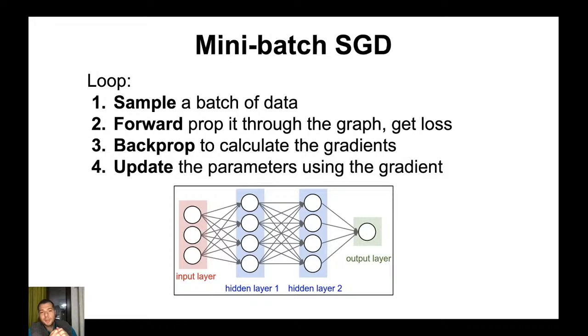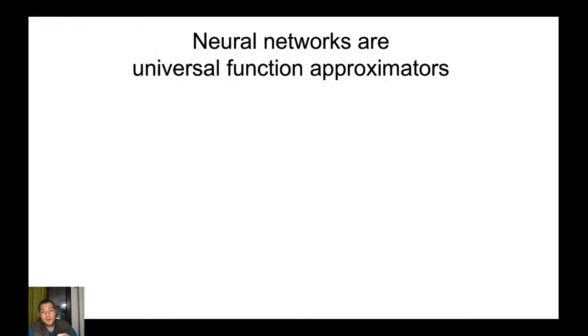Then we backpropagate the gradients using the chain rule, and then we update the parameters based on the computed gradients. So we're still using feed-forward architectures. The convolutional neural networks are trained in exactly the same way as feed-forward neural networks.